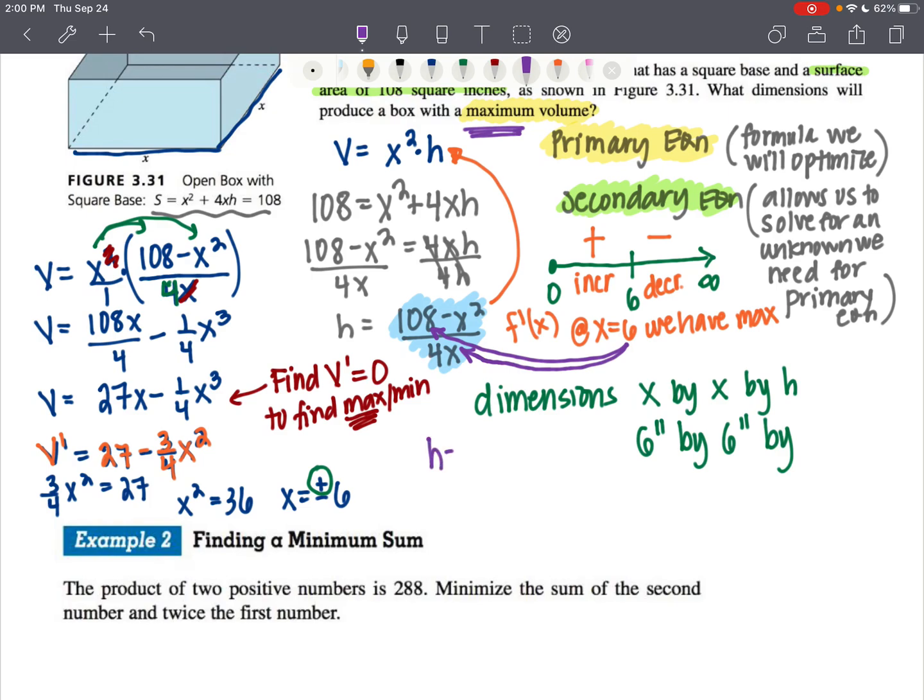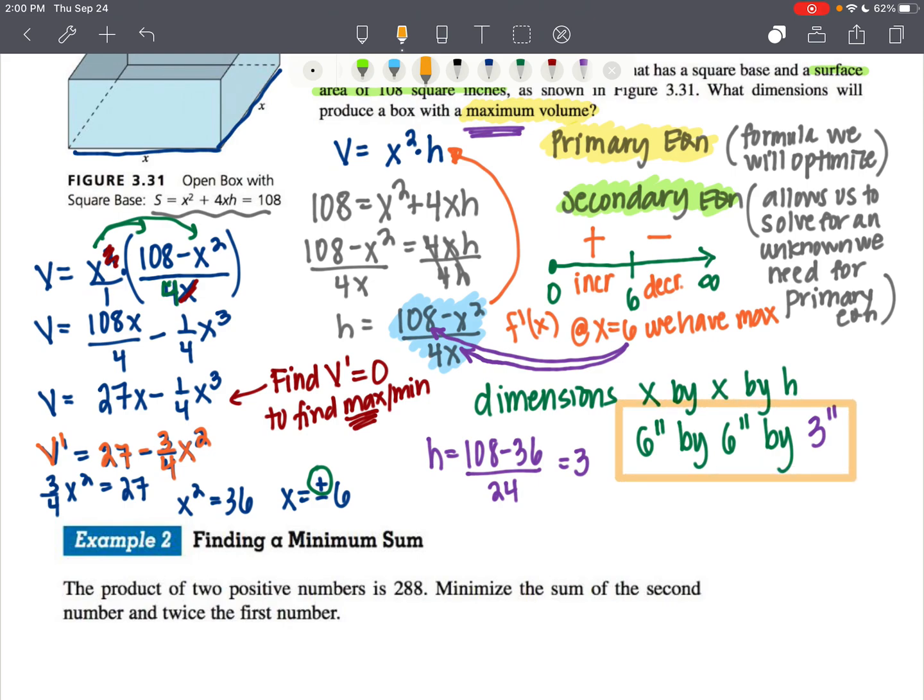So h is going to equal 108 minus 36 all over 24. 108 minus 36 is 72, and 72 divided by 24 is 3. So our dimensions are 6 by 6 by 3.